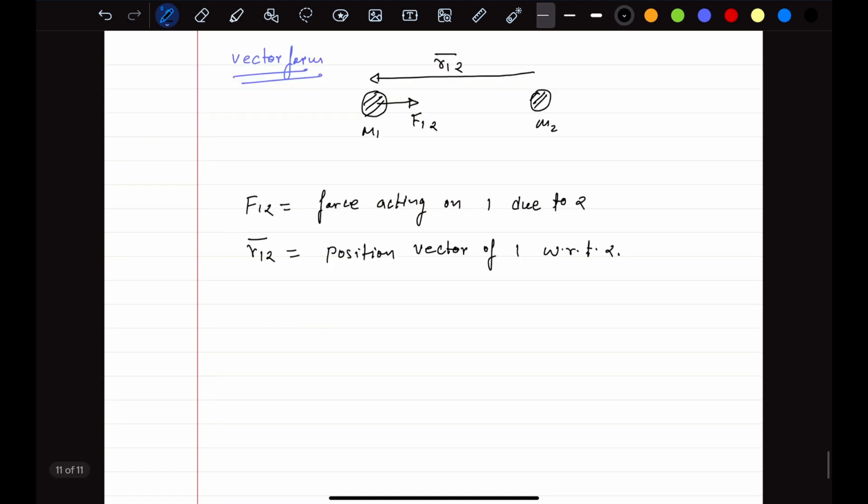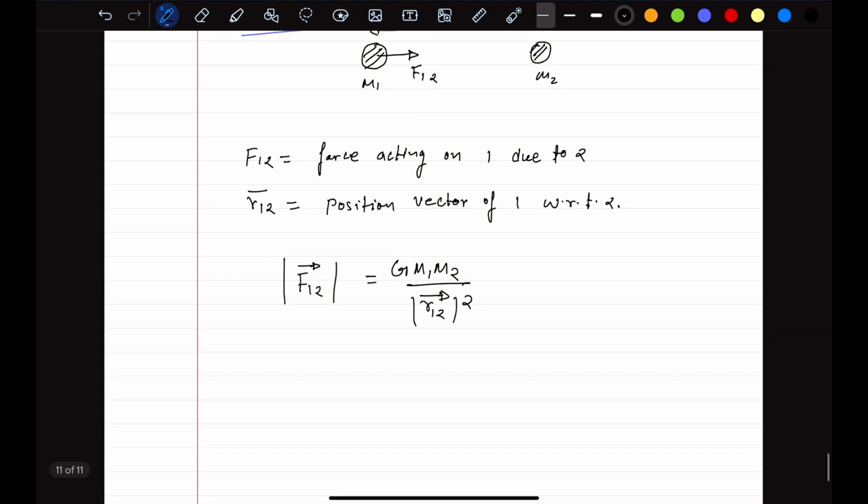Okay. So first of all, for the magnitude, I can say F12 magnitude is G m1 m2 divided by R12 magnitude square, because that is R only. This is the magnitude. And second, we know that the direction of F12, that is F12 cap, is opposite of R12, so that is negative of R12 cap. That is just about the direction.